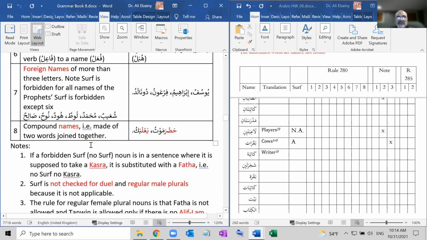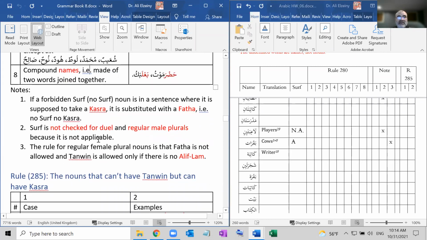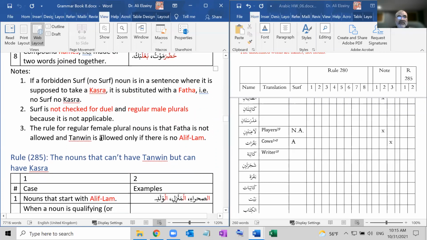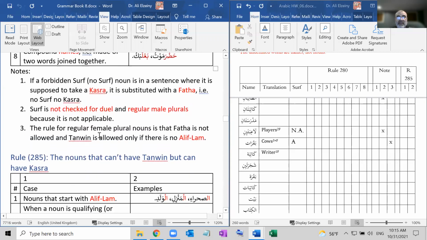Okay, so it's a noun, and notes 1, 2, and 3 don't apply to writer.